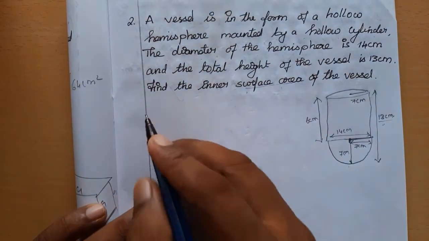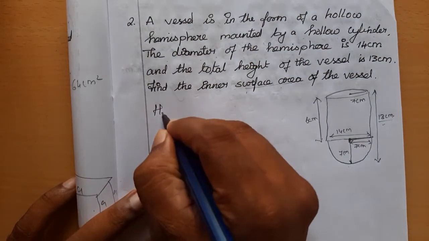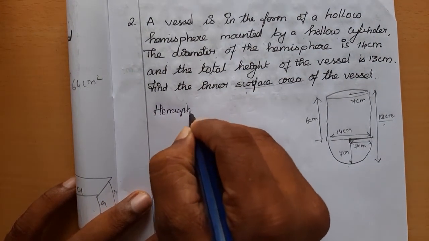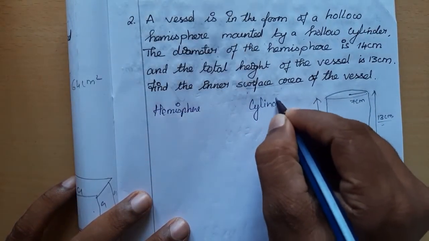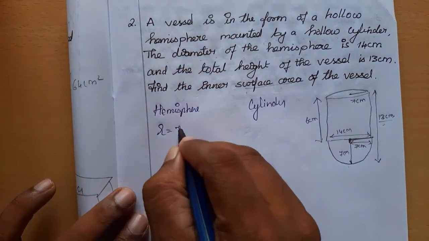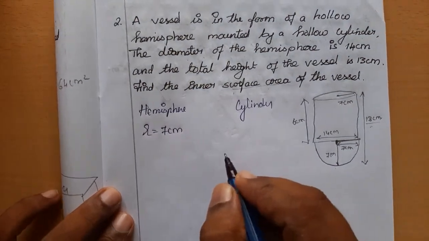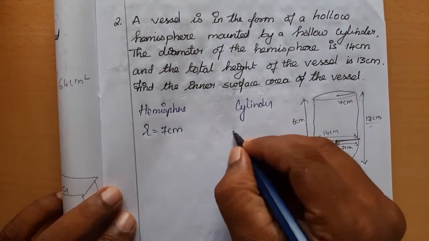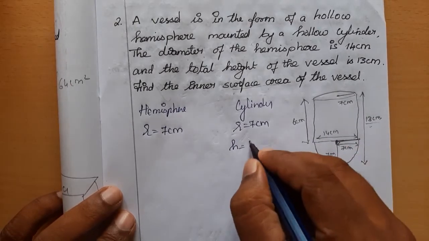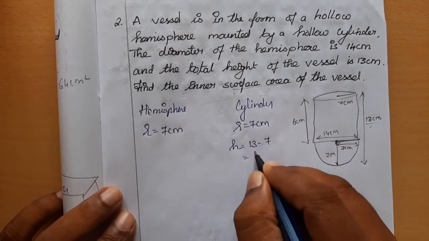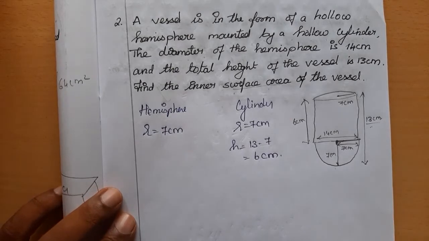So totally there are two shapes. One is a hemisphere and another is a cylinder. The radius of the hemisphere is 7 centimeter, and for the cylinder we need the radius and the height. The radius is the same 7 centimeter, and the height we found as 13 minus 7, which is equal to 6 centimeter. They asked to find the inner surface area.